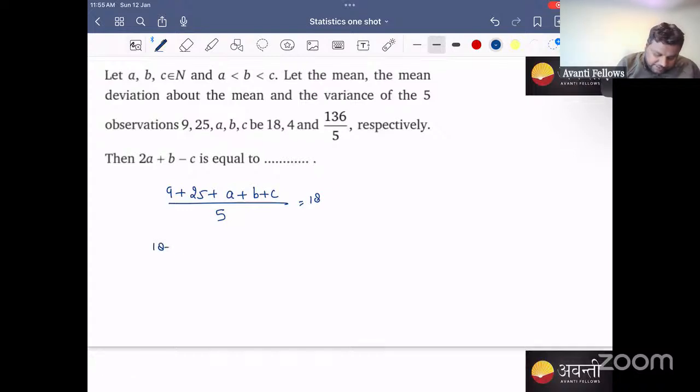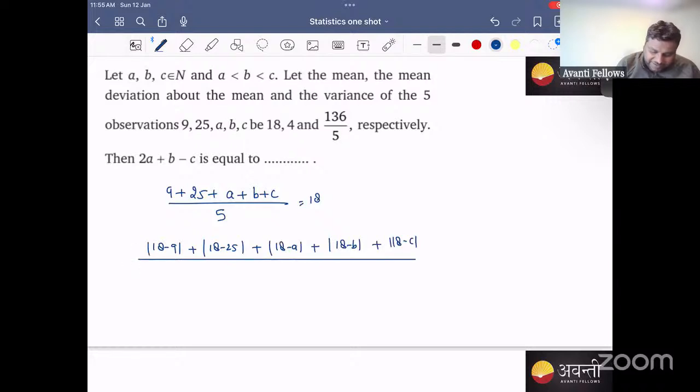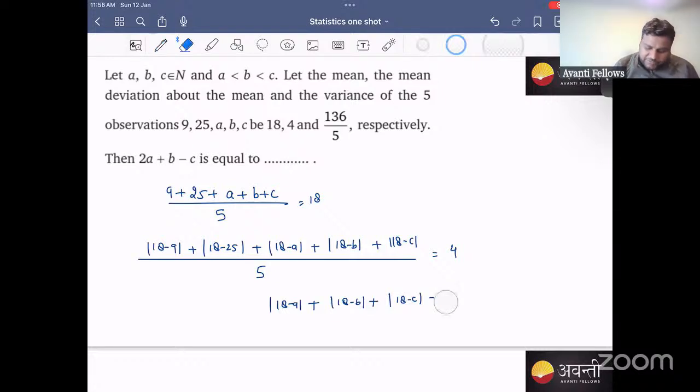So |18 minus 9| plus |18 minus 25| plus |18 minus A| plus |18 minus B| plus |18 minus C|, whole divided by 5, is given to you as 4. So that means the magnitude of 18 minus A plus 18 minus B plus 18 minus C is, 9 and 7, 16, so 20 minus 16 is what?